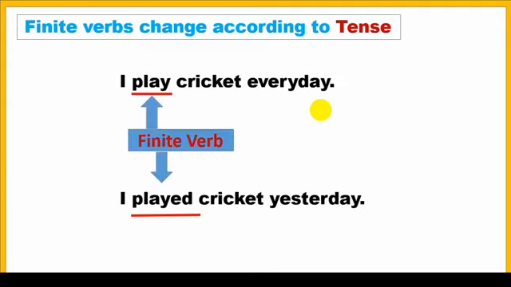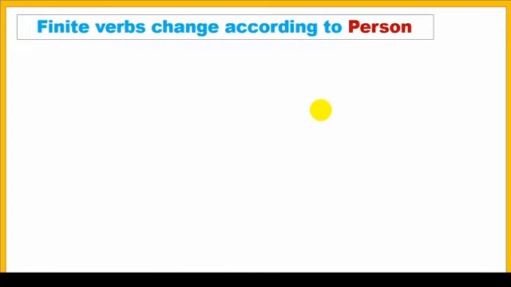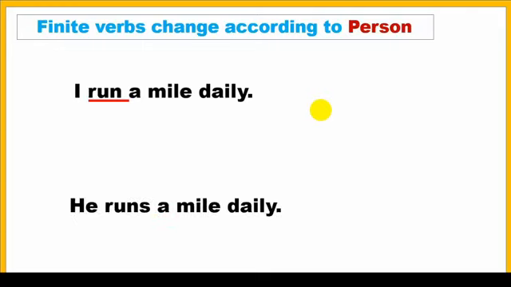Now that you are clear how finite verbs change as per tense, dear students, look, finite verbs change according to person. Look at the sentence: I run a mile daily. Here run is a verb and subject is I. Look at the another sentence: he runs a mile daily.